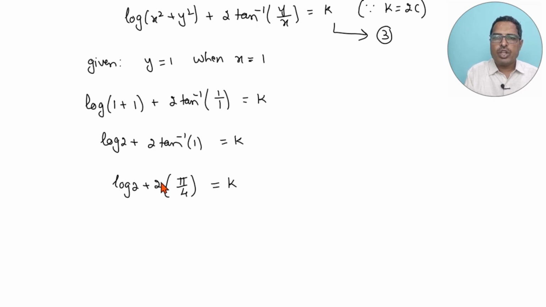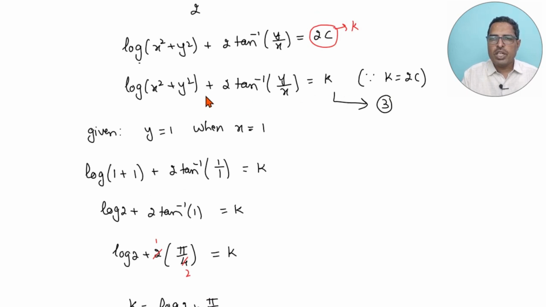So you can just cancel out the 2 and 4 here. So therefore what will be the value of k now? K value will be nothing but log of 2 plus pi by 2. So you can substitute this value of k back over here in equation number 3.